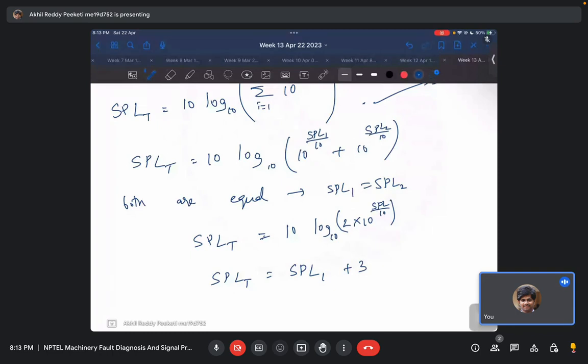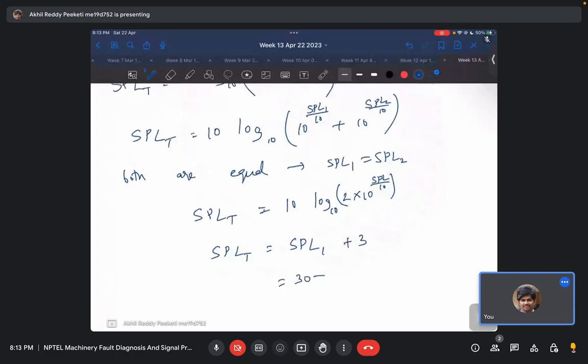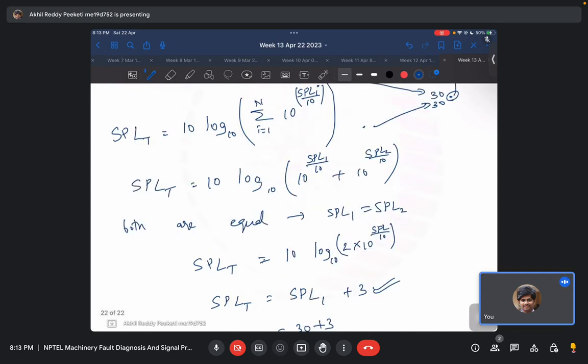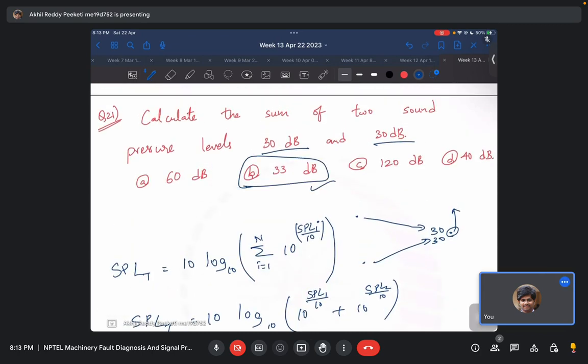Because of this, you can write 30 plus 3 is 33 decibels. We derived this in the corresponding week. So the answer here is 33 decibels.